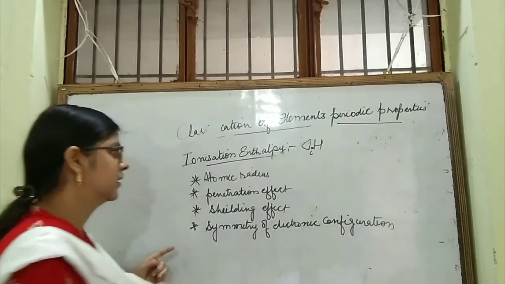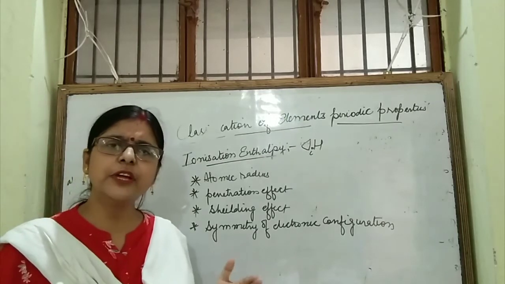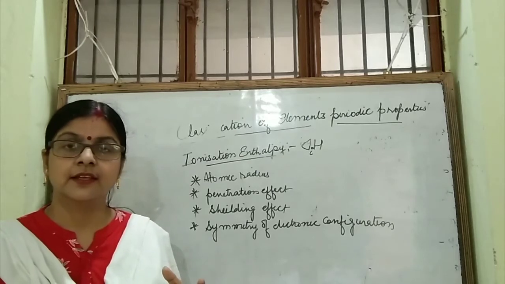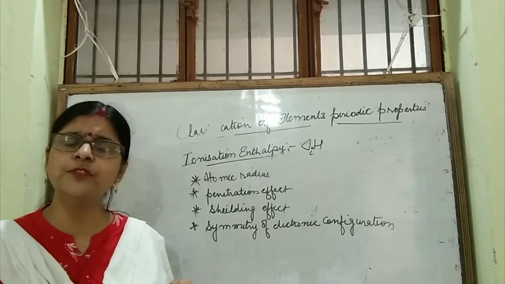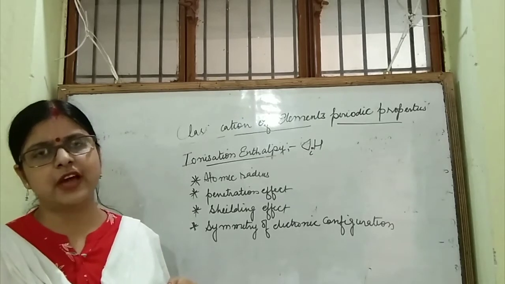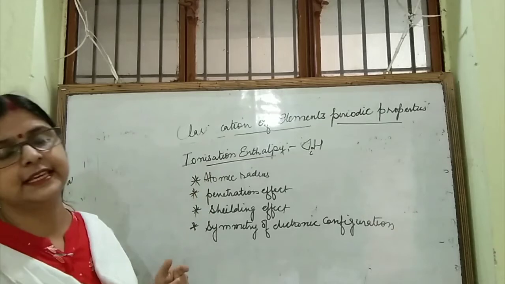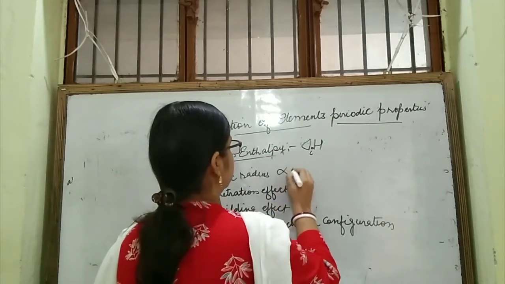We all know that if atomic radius decreases, then more energy will be required to remove the electron from the valence shell. So atomic radius is inversely proportional to ionization enthalpy.